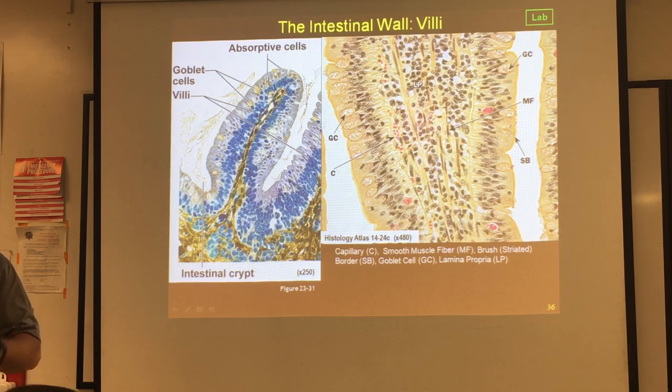So really it's to mix the food stuff with enzymes. Constantly mix them together. Because if you have this big wad of food stuff and there aren't any enzymes in there, you're not going to get any chemical digestion. It's going to take forever to break down the food stuff. But if you're constantly mixing it with the enzymes, you're bringing the nutrients into contact with those enzymes for a much more rapid chemical digestion. So always moving, always mixing.